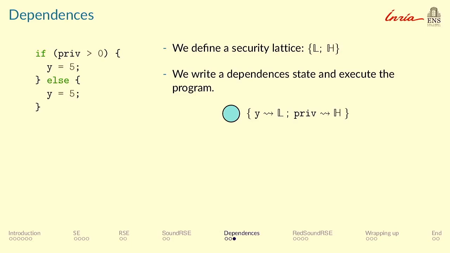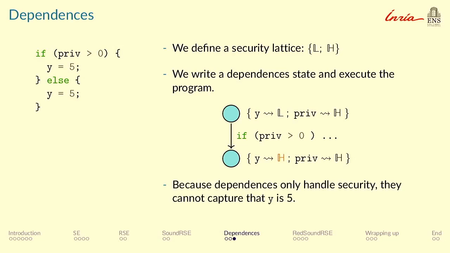I skipped the semantics of dependencies, but the idea here is that dependencies pick up that the branch depends on priv, which has a high security, and then it makes any assignment inside this code go to high. So basically, you're losing information about y. And as I said before, this is because we cannot capture that the value of I is 5. We just capture that it depends on the high value.